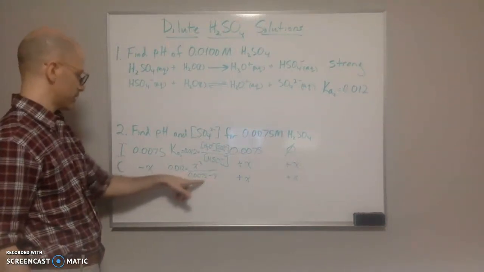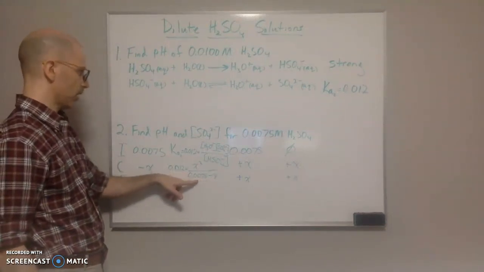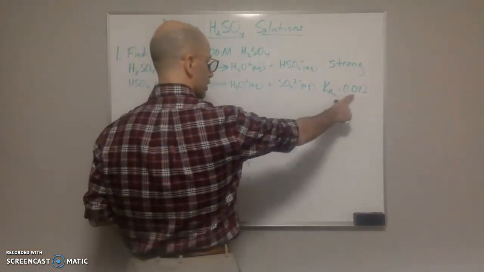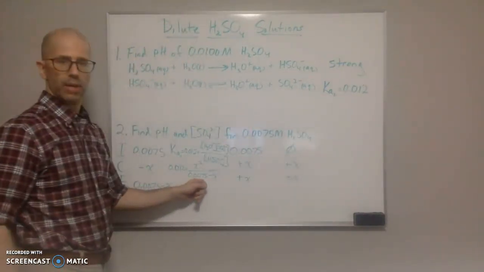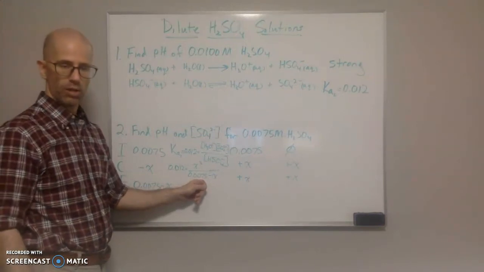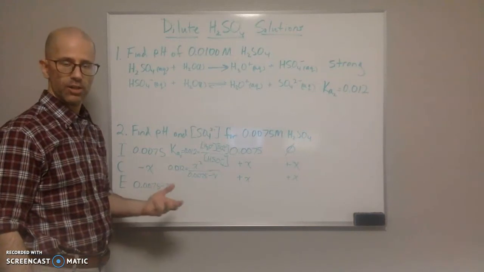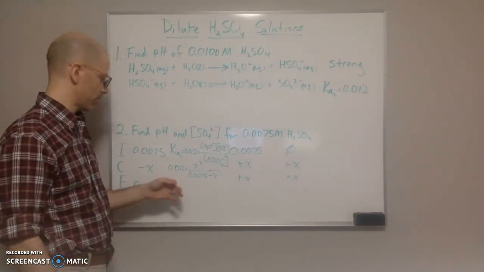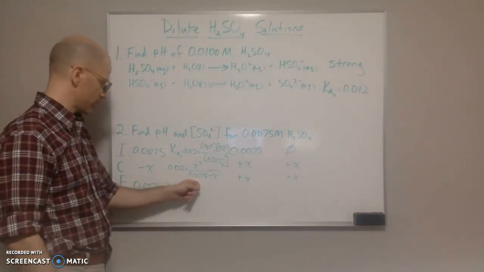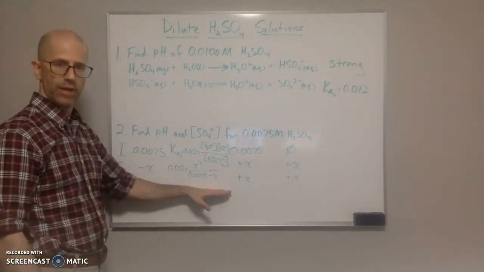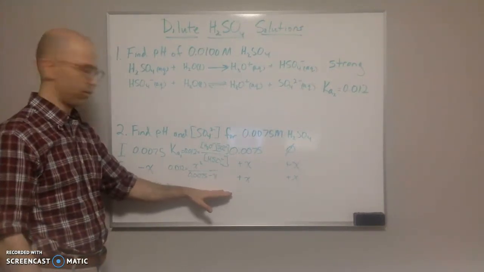Once again, because this 0.0075 is pretty close to the Ka value, we're not going to be able to use the x is small approximation. So again, we're going to have to solve this as a quadratic equation and then use the quadratic formula.